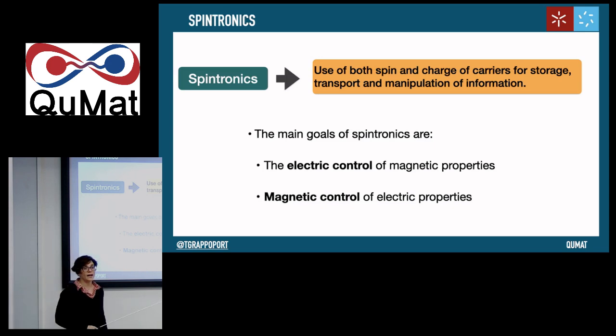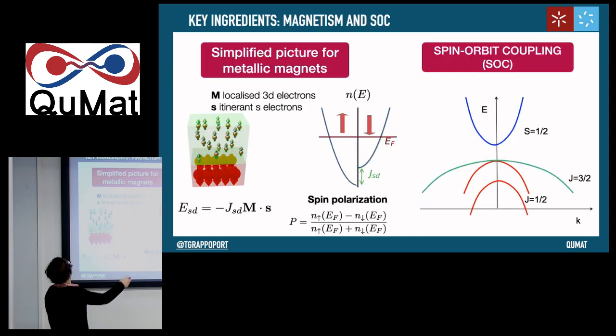But the thing is that spins normally don't couple with electric fields. So in order to induce this type of coupling, we have to use some specific key ingredients.